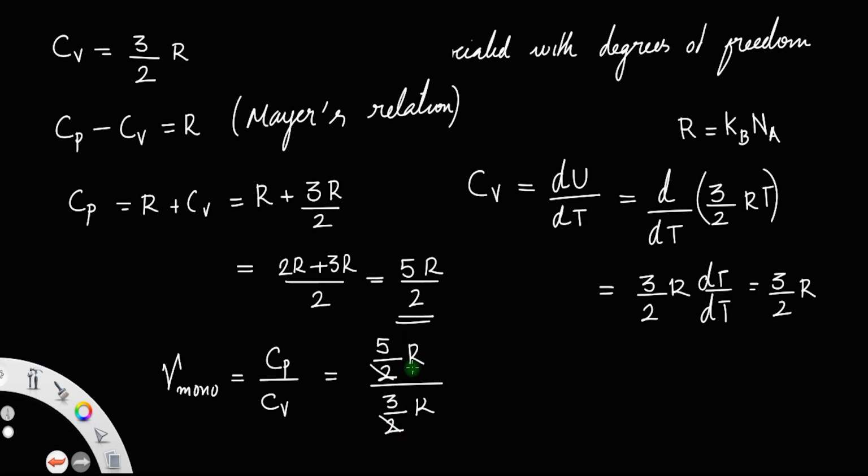This 2 and this 2 also get cancelled. So its value will be 5 by 3, or its value is equal to 1.67. So this is the specific heat ratio of monoatomic gas. Clear?